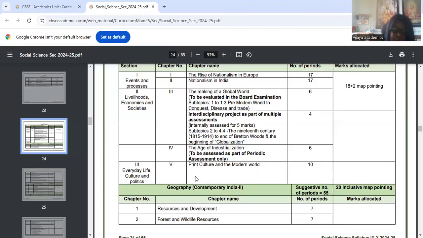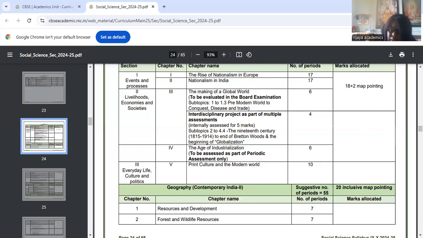Next is section 3, everyday life, culture and politics, and chapter number 5, print culture and the modern world. Total periods are 10. If you see, history carries 18 plus 2 map pointing, a total of 20 marks.